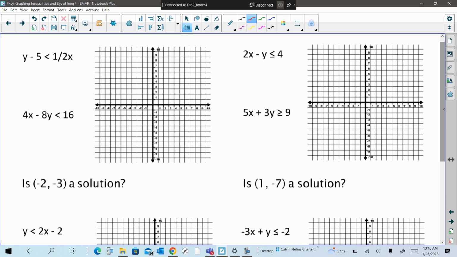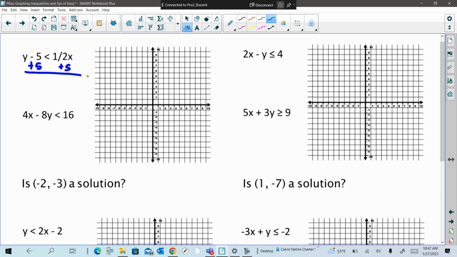All right, can we start and just straight graph? No. What should we do first? No, subtract. Yeah, add the 5. Let's fix that. Add the 5. Let me show it up here. Plus 5. Plus 5.